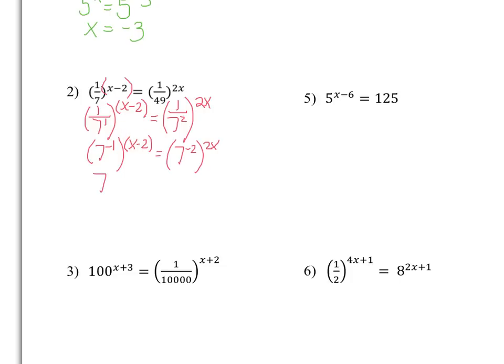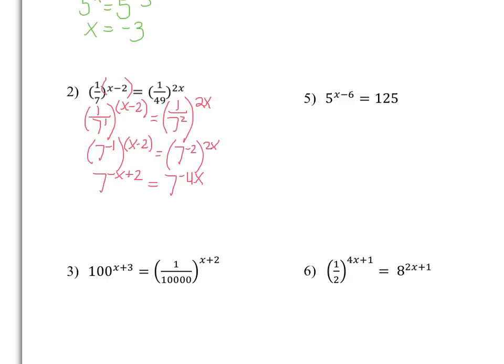So I'm going to have 7 to the negative x power plus 2, because that is negative 1 times x, and negative 1 times negative 2. And that's going to be equal to 7 to the power of negative 4x. Because remember, power of a power says that we multiply the exponents.